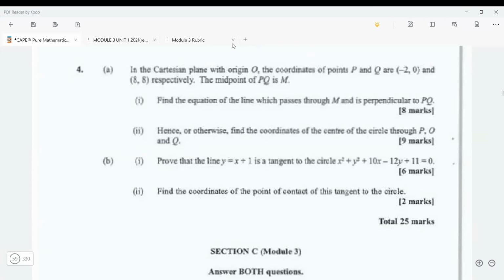Even before I finish this question, it says the midpoint of PQ is M, so I'm just going to find M from now. It gives us a P of coordinates -2, 0, and a Q of coordinates 8, 8.